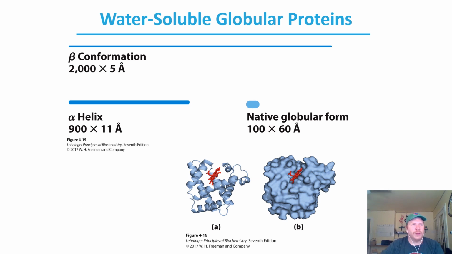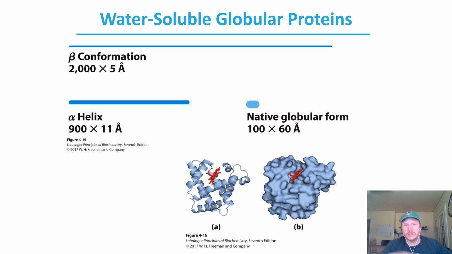What you have is approximate dimensions if a single polypeptide chain existed simply as a beta sheet. That would be 2,000 by 5 angstroms. If all of these amino acids in the same protein existed in an alpha helix, it would be 900 by 11 angstroms. Whereas a globular protein is 100 by 60 angstroms.